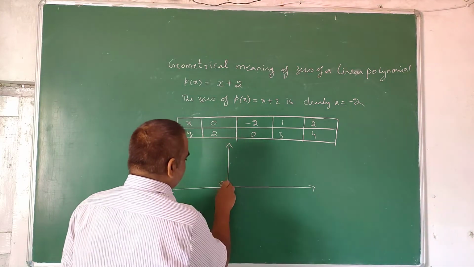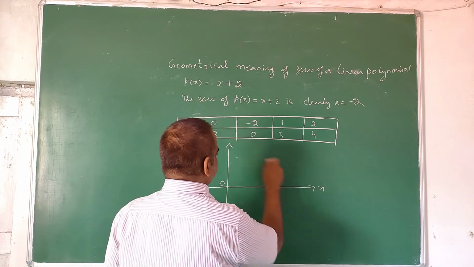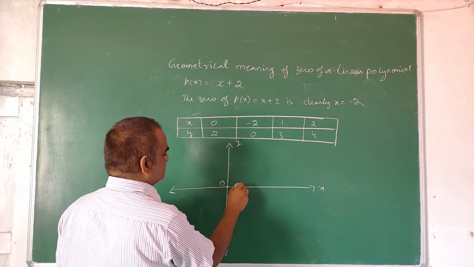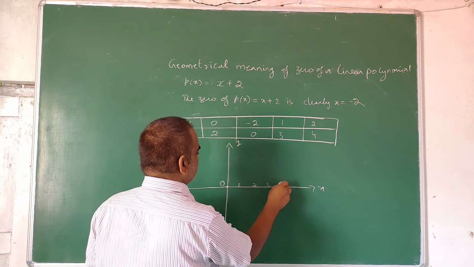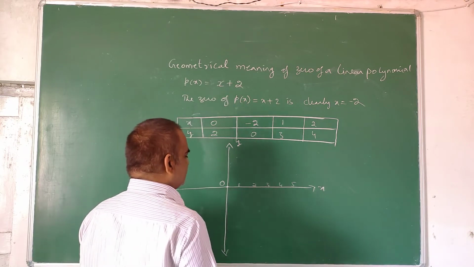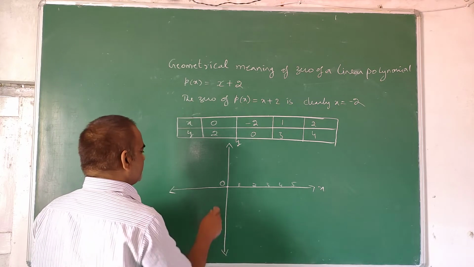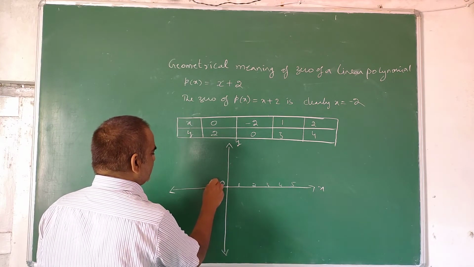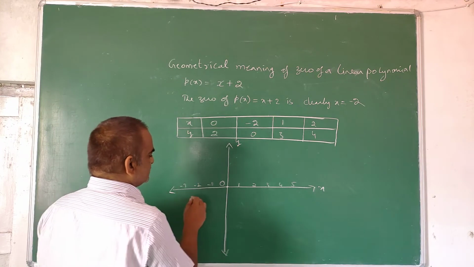So now you see here 0, which is the origin, this is the x-axis, this is the y-axis. Now take some points, 1, 2, 3, 4, 5, etc. The scale on the x-axis is 1 centimeter is equal to 1 unit. So here minus 1, the same scale we are using, even this side.